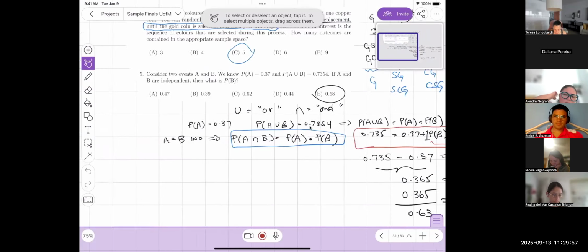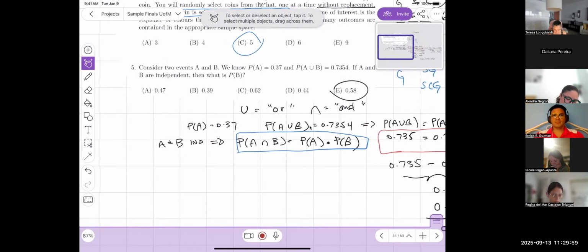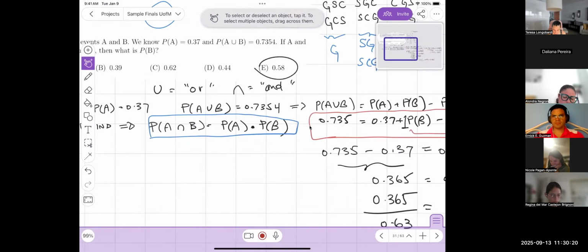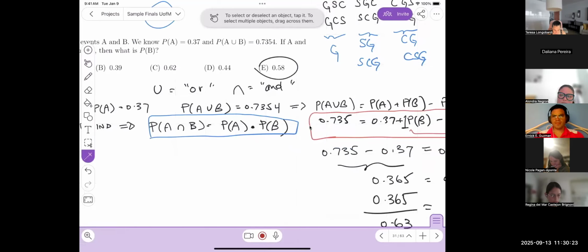So we went through here and we had two pieces of information that we had to combine. So this is the result of them being independent. Since they're independent, we know A times B is the same as A and B. And we don't have otherwise any other information about whether A and B are disjoint.